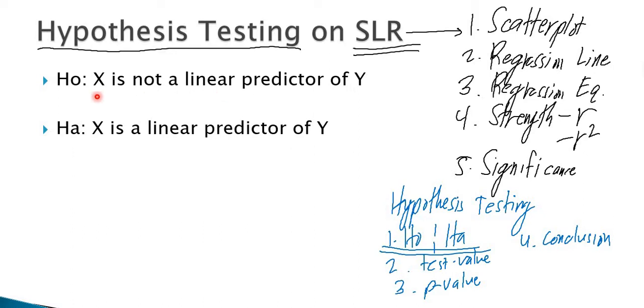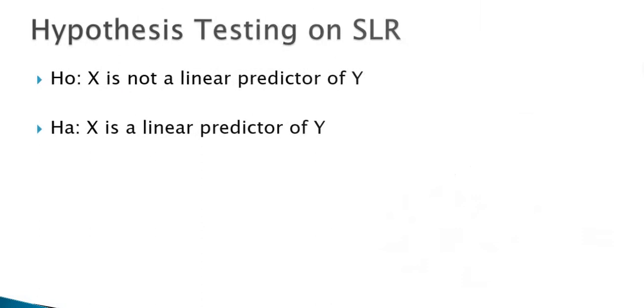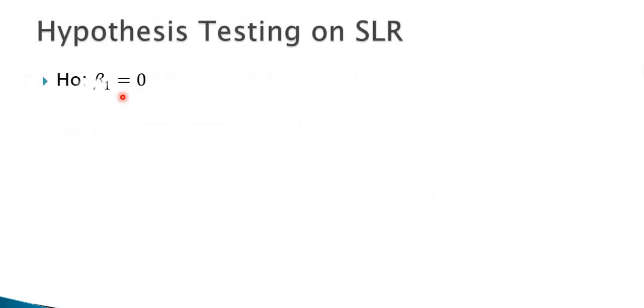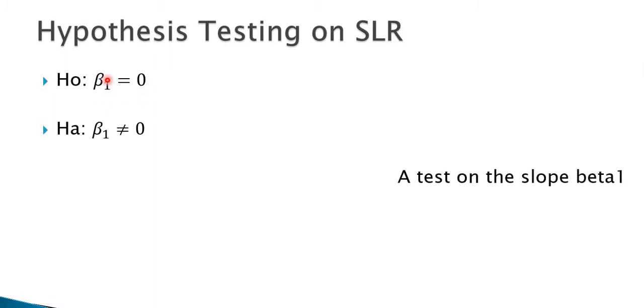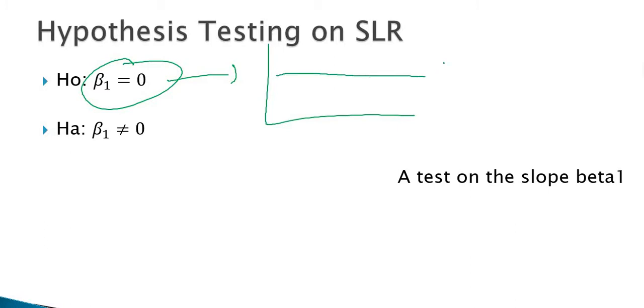Now, how come that X is not a linear predictor of Y is our null hypothesis? Because when we write it in symbols, it would be like this, that beta sub 1 is equal to 0, or beta sub 1 is not equal to 0. Let's see why this is so. If beta sub 1 is equal to 0, then the equation of the regression line would just be a horizontal line, which would mean the scatter plot might look something just like this.